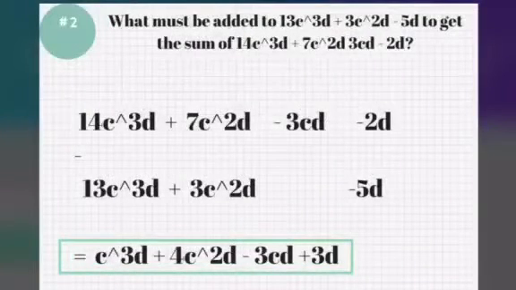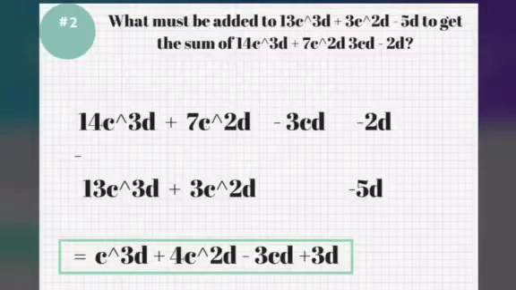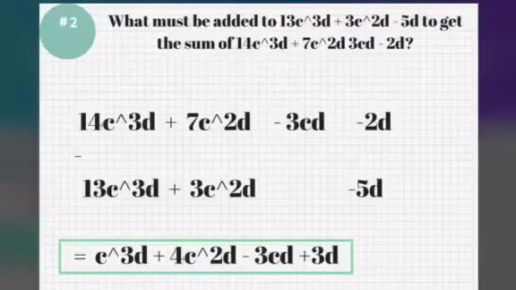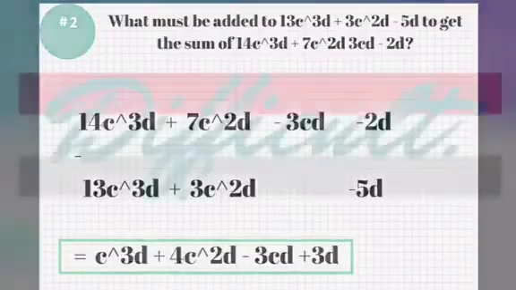Next, since 3cd does not have a like term, all you need to do is bring it down. After that, negative 2 minus negative 5 is equals to 3. Bring down d. Your final answer will be c raised to 3d plus 4c raised to 2d minus 3cd plus 3d.